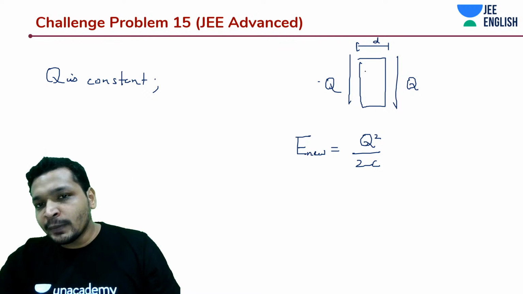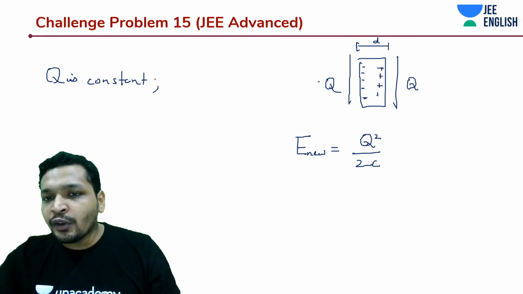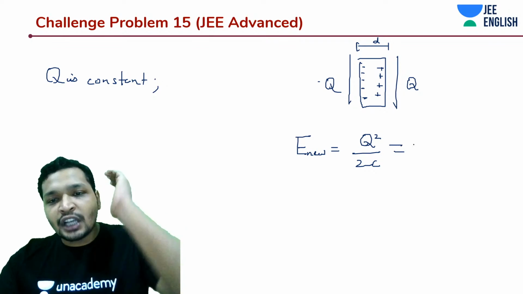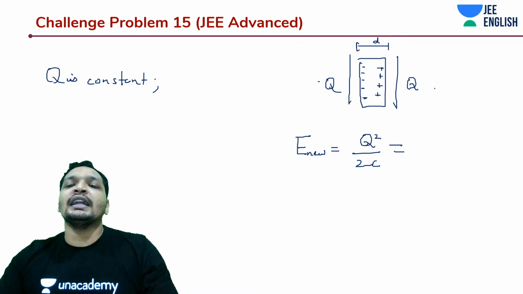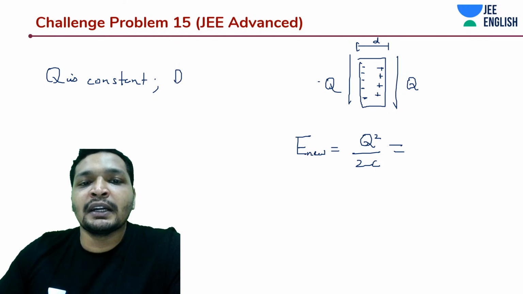Since there will be charge polarization, your potential will decrease, your electric field will decrease, your charge will remain constant when it is disconnected from the battery. Do remember it.